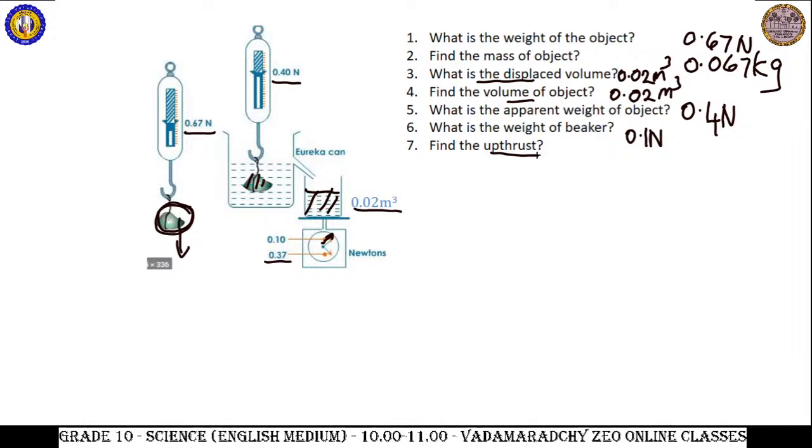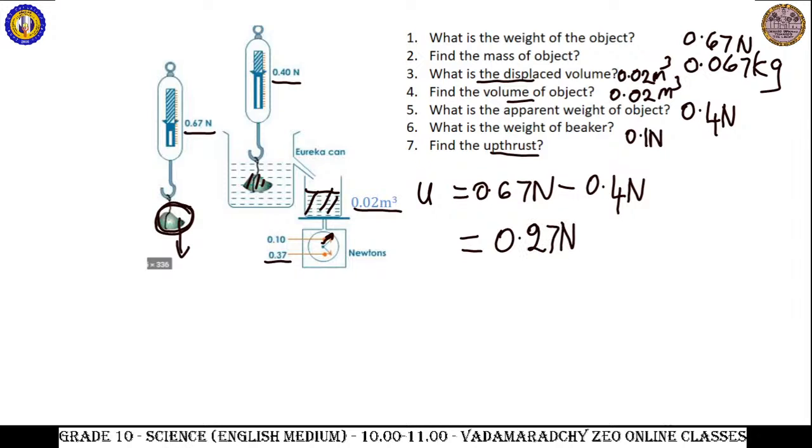Real weight is given as 0.67 Newton minus apparent weight, which is given as 0.4 Newton. So, upthrust becomes 0.27 Newton.